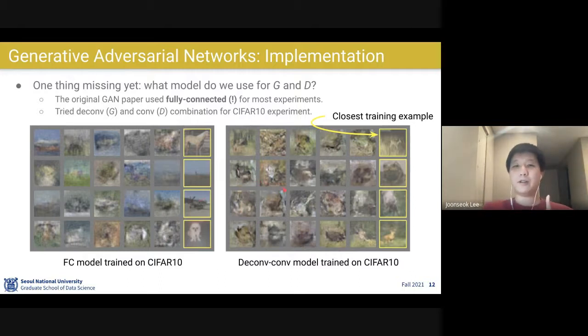They also tried a deconvolution and convolutional combination for this small data set. So anyway, these are the fully connected models trained on CIFAR10, a small data set. These 5 are the generated images from their GAN model, and the yellow one is the closest training example observed in the data set.